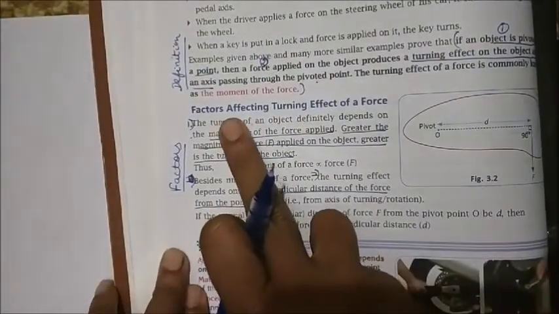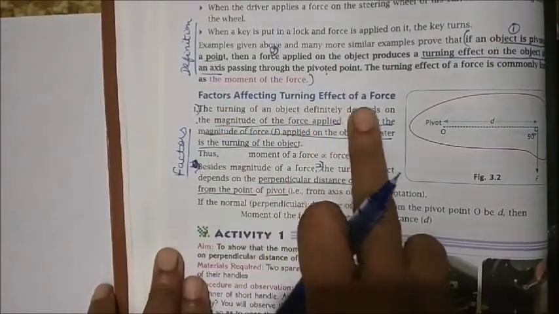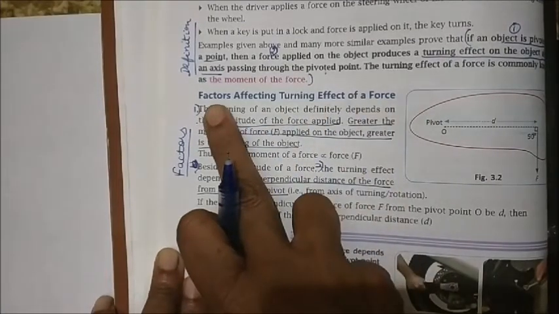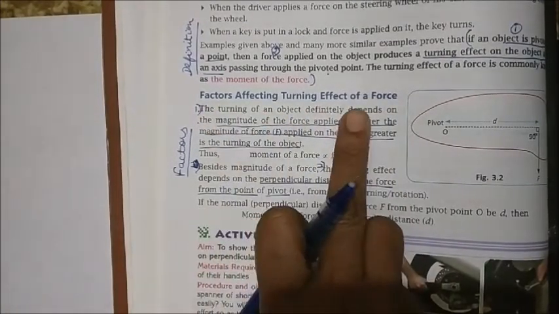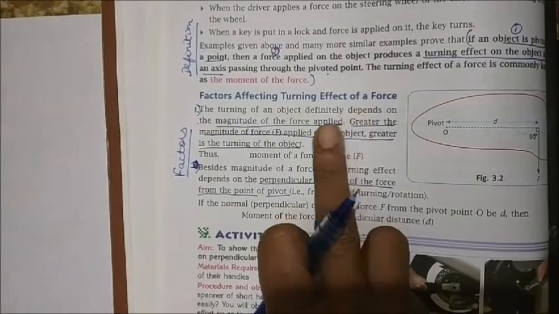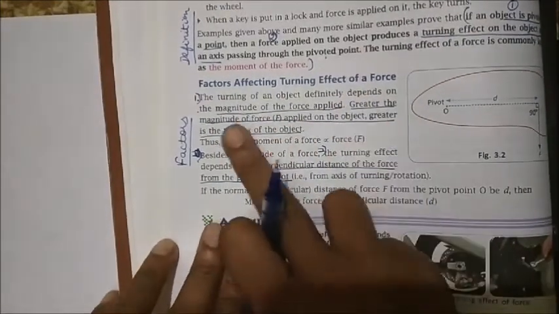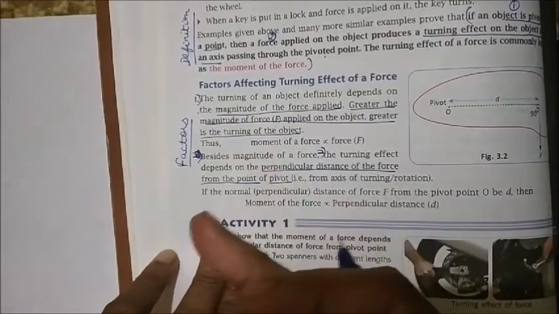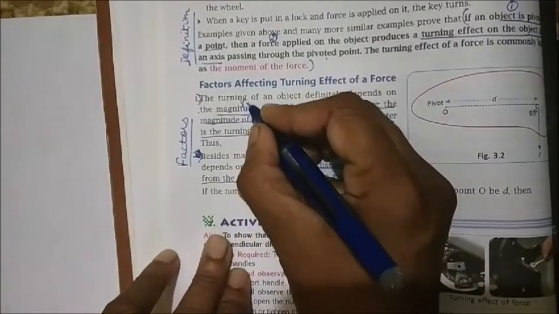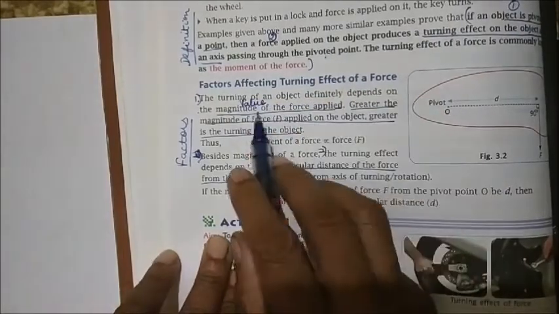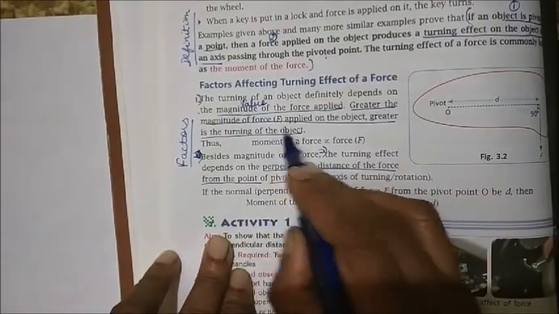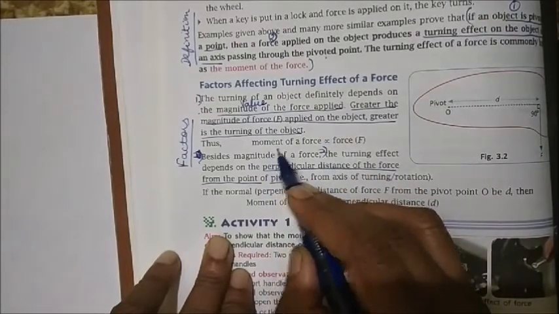The next topic we're going to see is factors affecting turning effect of a force. What are the factors on which turning effect of a force depend. Okay, 2 factors. First one, magnitude of force. Magnitude means the value or the number, the amount of force applied. Greater the force, greater is the turning effect.